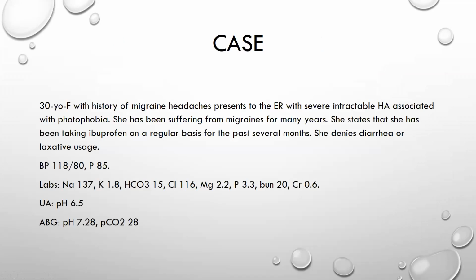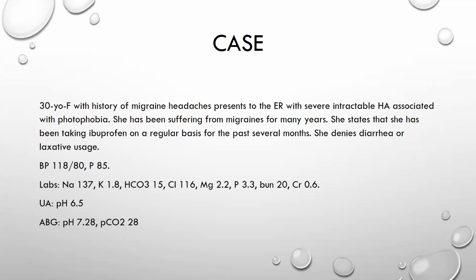So next case, a 30-year-old female with a history of migraines comes to the ER with intractable headaches with photophobia. She's in a migraine attack. She has been suffering from migraines for many years, and states that she has been taking ibuprofen on a regular basis for the past few months. No diarrhea, no laxative use.